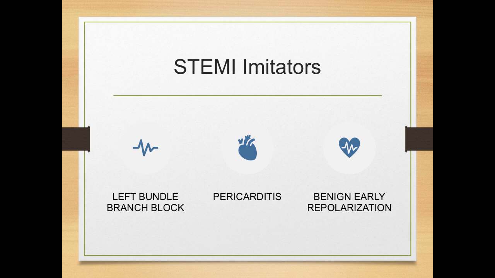So, left bundle branch block on its own may look like a STEMI at first glance. There's going to be ST elevation, and then we've got our Scarbosa criteria that we've already covered. That's going to tell us that, yep, there's a left bundle branch block, and yes, there is also a STEMI going on. Now let's talk about pericarditis and benign early repolarization and what they look like on the EKG.